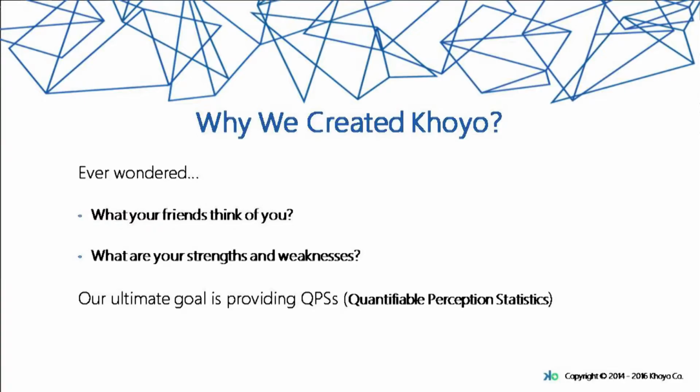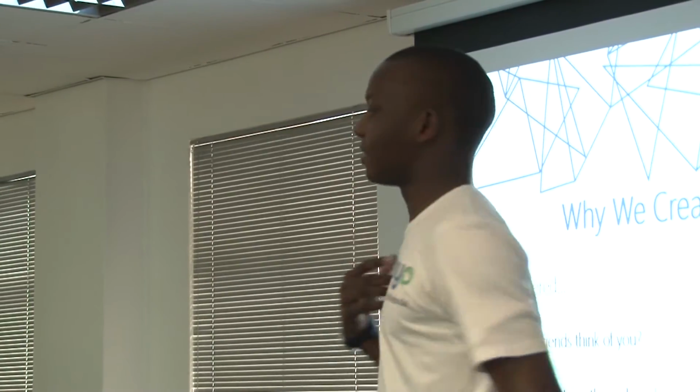Another thing is your strengths and weaknesses. I struggled when I had to fill out some SWOT analysis stuff, because I had to sit down and think about all these things. I didn't have a place where I could go and see what these people think of me, what my strengths and weaknesses are.